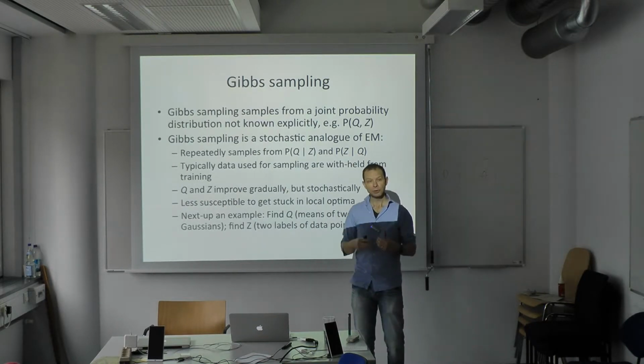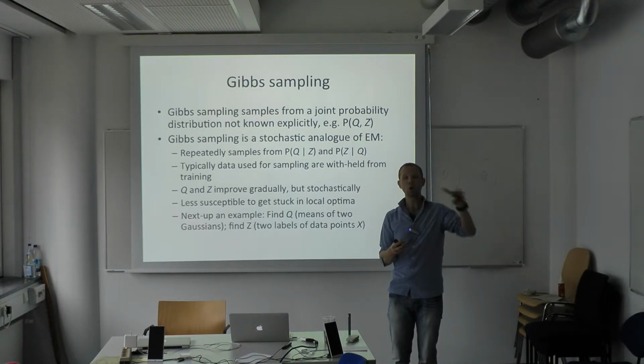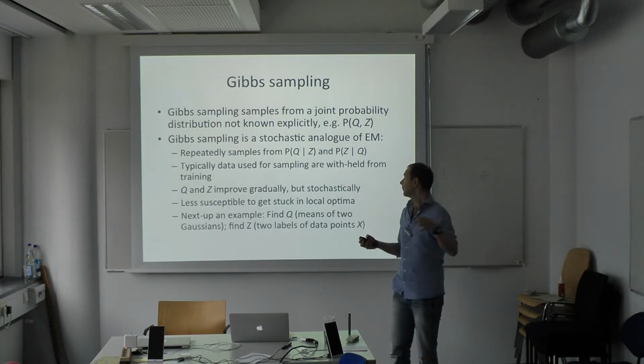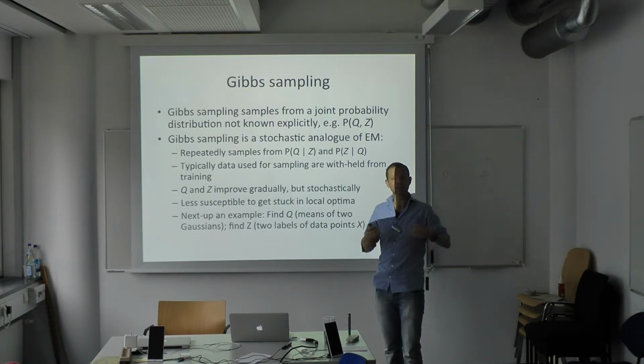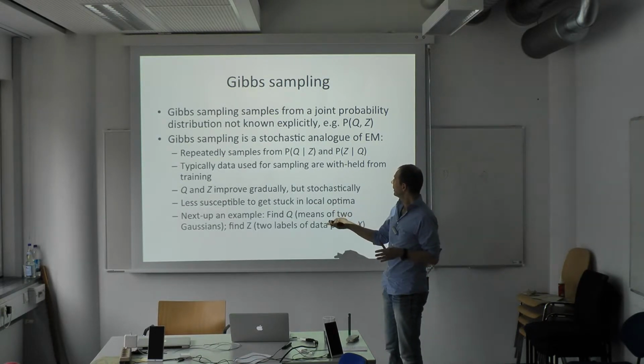Now, in order to truly sample this, we have to withhold one or more samples. Otherwise, we'd be sampling training data, and that wouldn't be a good indicator. So we're going to withhold a data point, and I'm going to illustrate this with a simple example shortly.